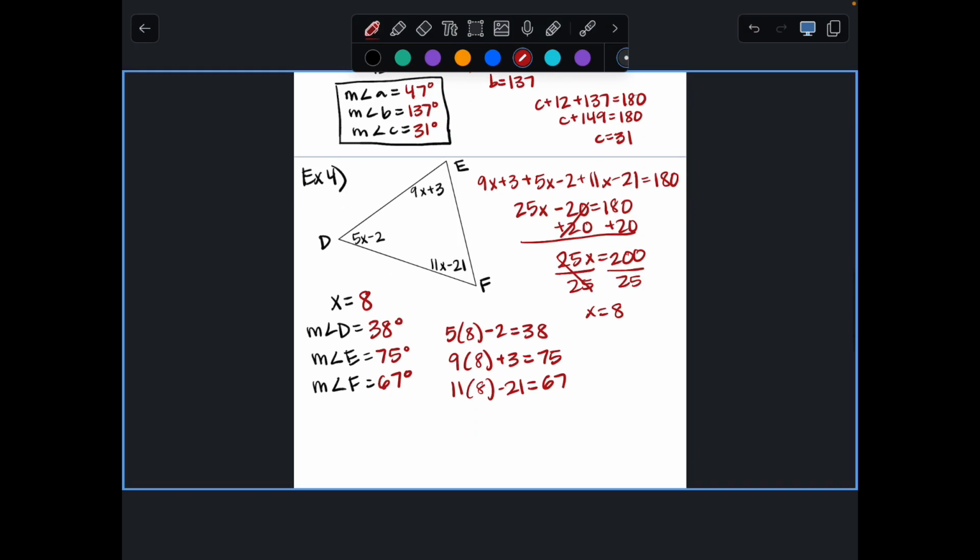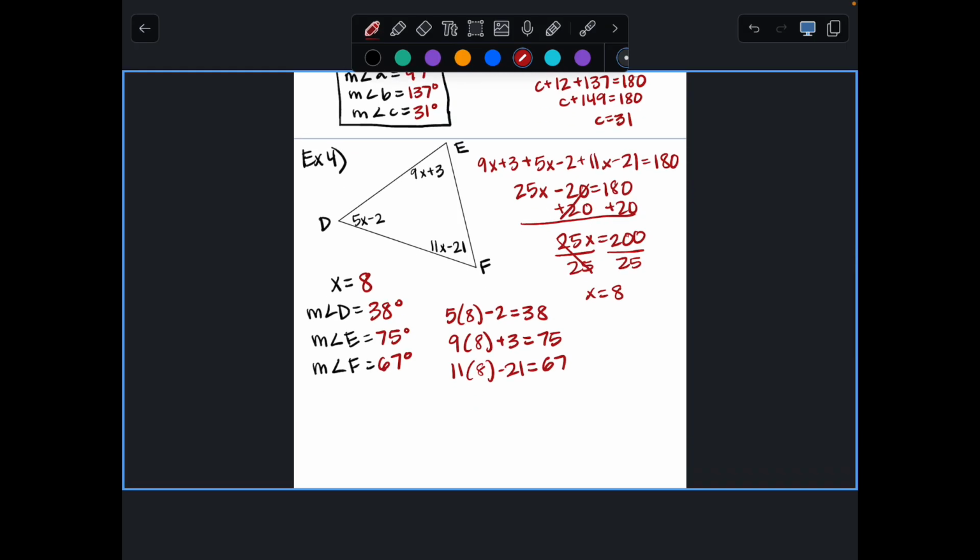Now check your work just to make sure. Does that equal 180? So that's what you're doing in today's Delta Math practice.